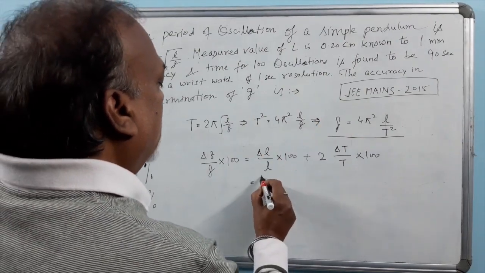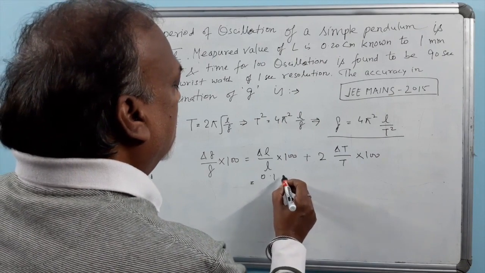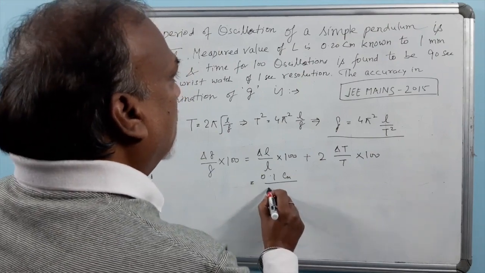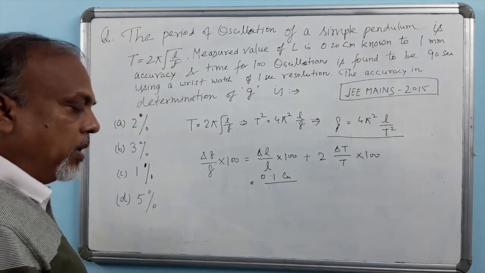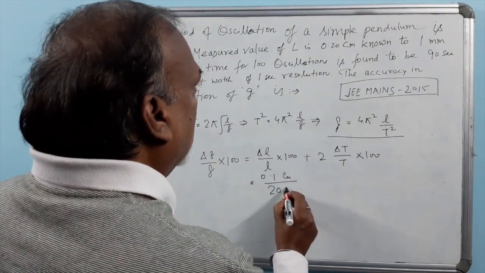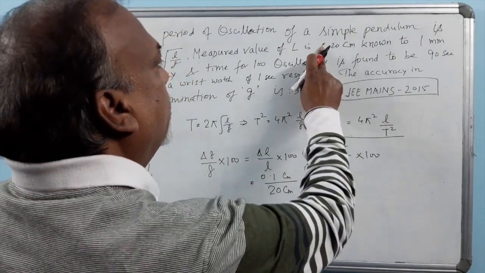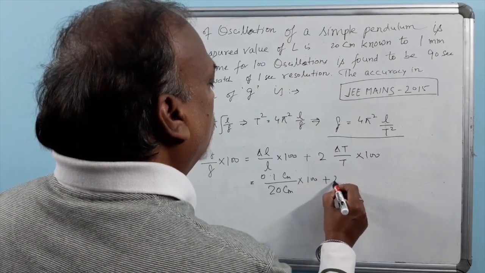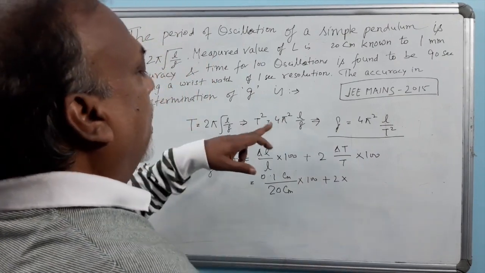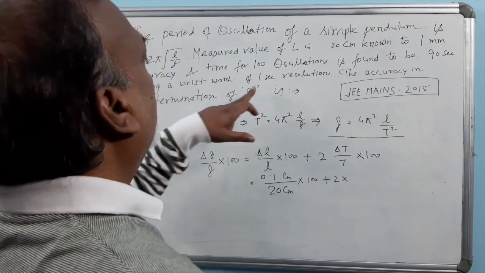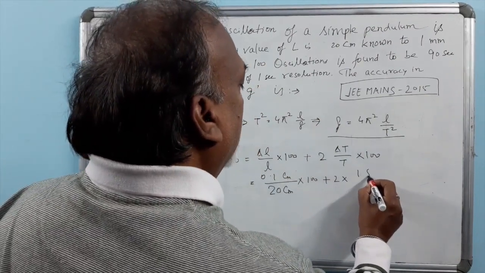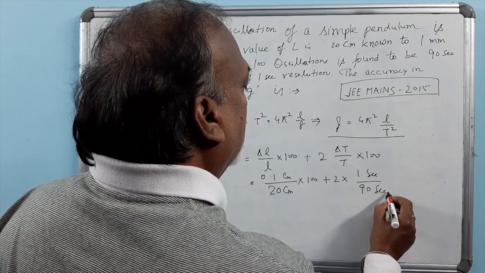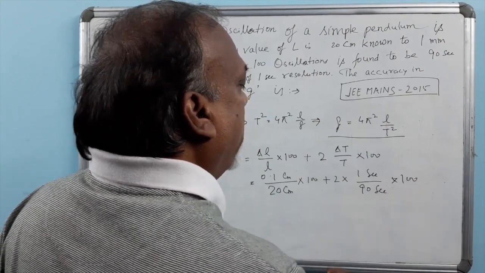It is 1 mm, that is 0.1 centimeter, upon L, which is 20 centimeter, into 100, plus 2 into ΔT, which is 1 second, upon 90 seconds, into 100.